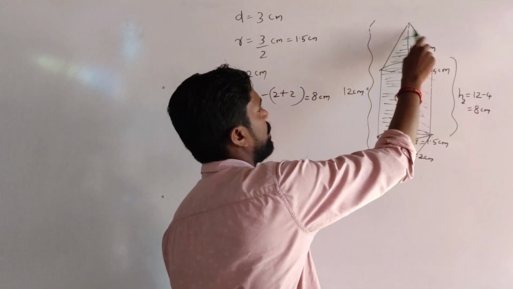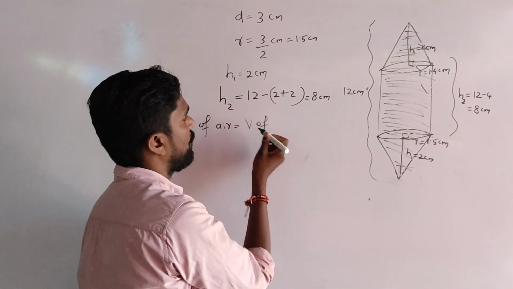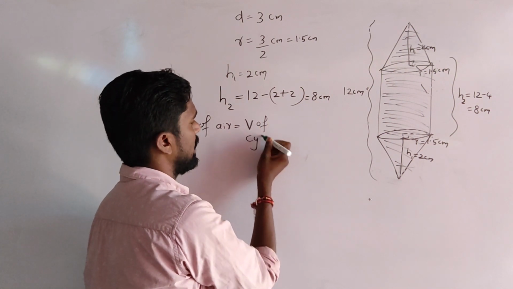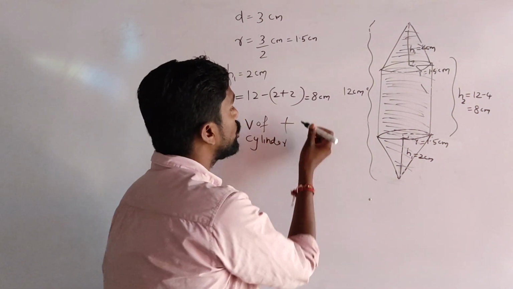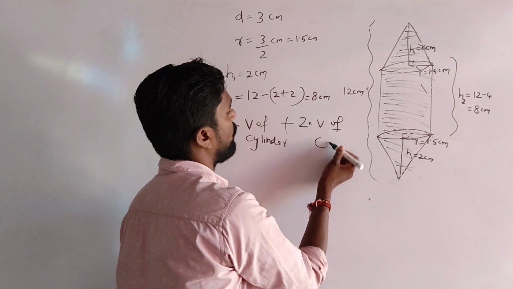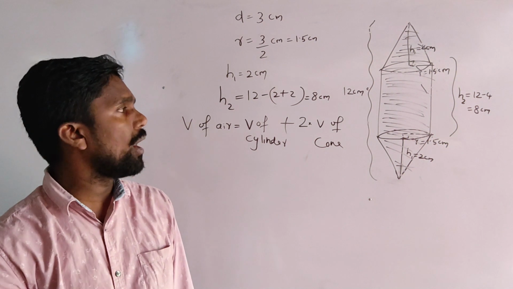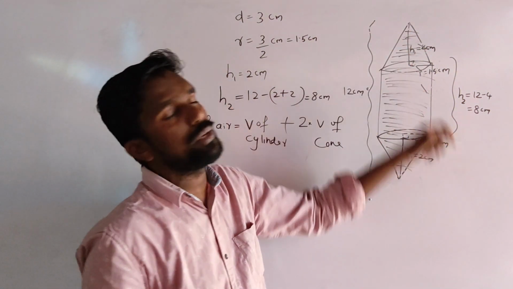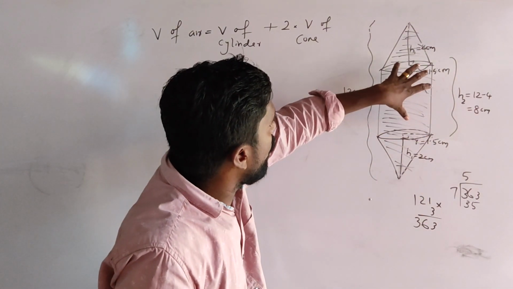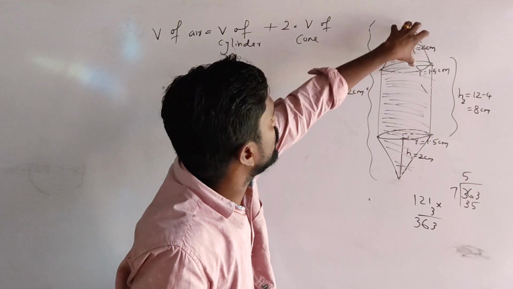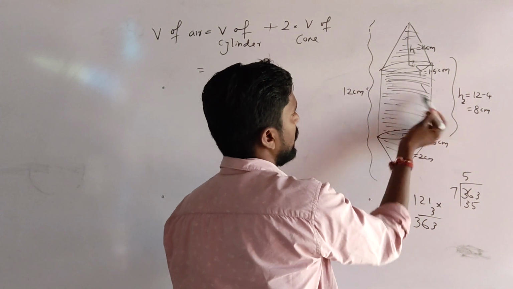Volume of air means volume of cylinder plus 2 into volume of cone, because there are 2 cones.